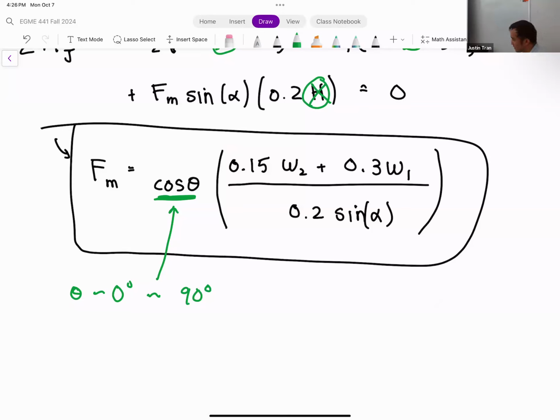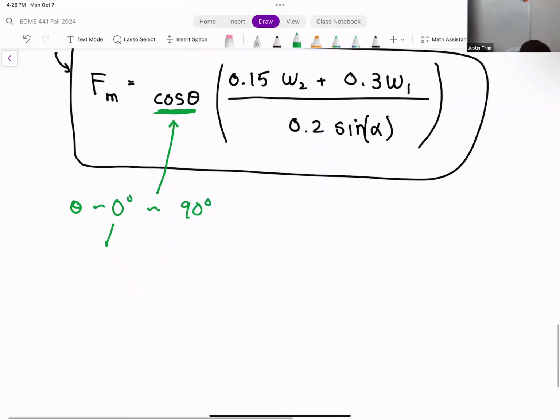The worst case would be 0. For 0 degrees, you're face flat on the ground. 90 degrees is a perfect posture. Cosine of 0 is 1, whereas cosine of 90 is 0.